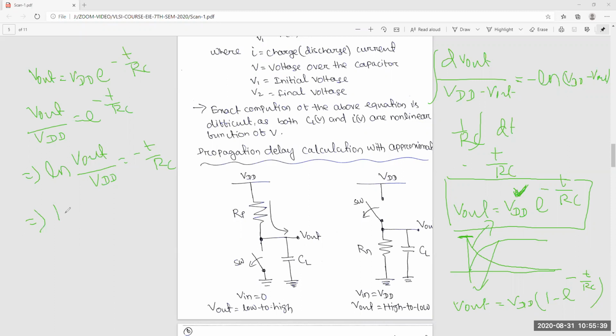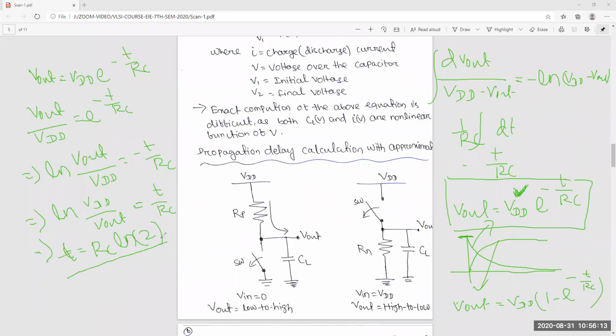So ln of VDD by V out is equal to T by RC, then T is equal to RC ln(VDD by V out). Here V out is equal to VDD by 2. So now you will get ln 2. Yes or no?